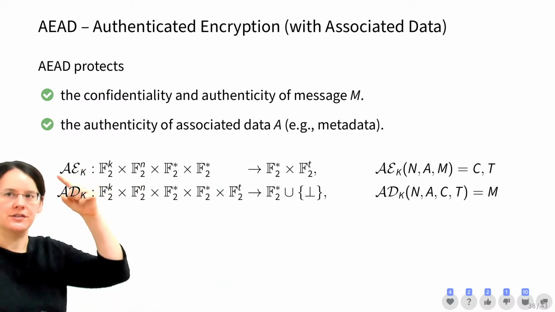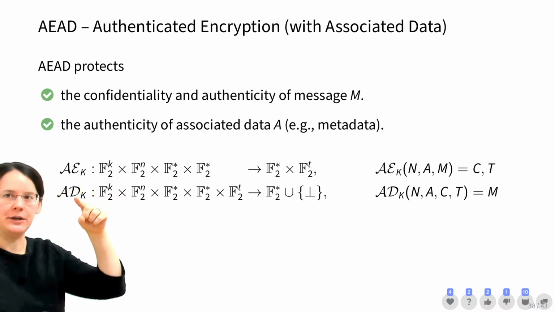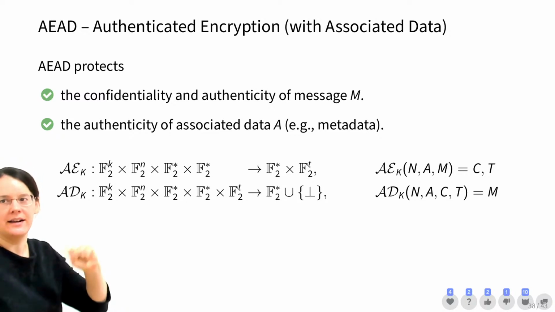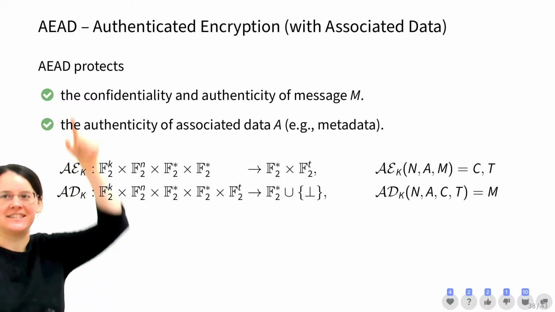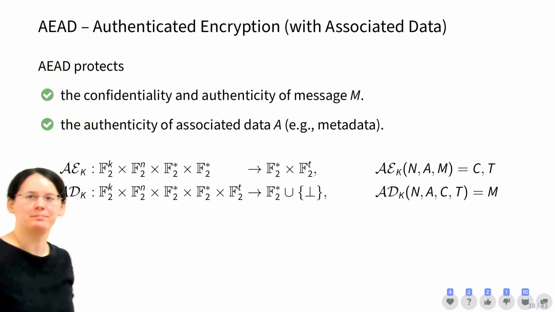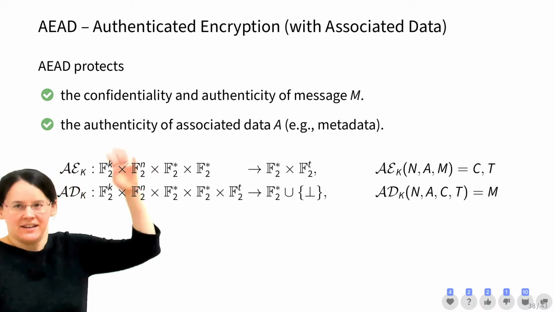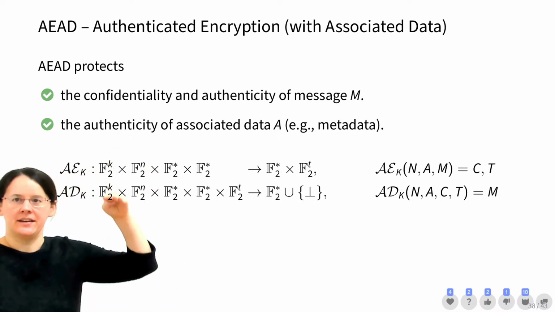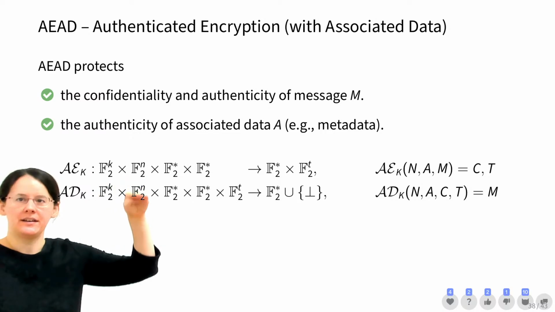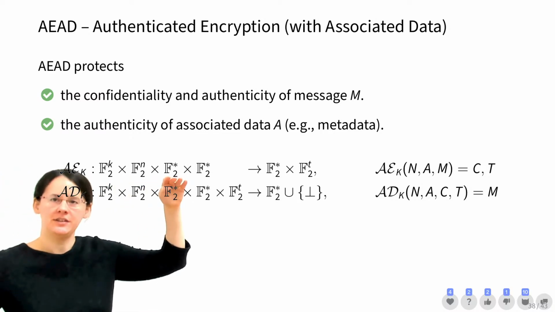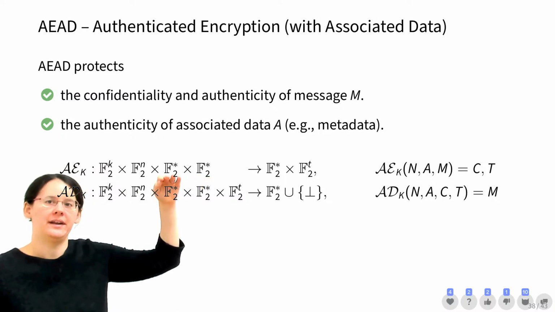We again have two functions, an authenticated encryption function and an authenticated decryption function. It's coincidental that the AEAD is the same as up here. That's coincidence. So what do they both do? They both take a key. They also both take a nonce. We already know this from pure encryption schemes. And additionally, they have two inputs of arbitrary length.